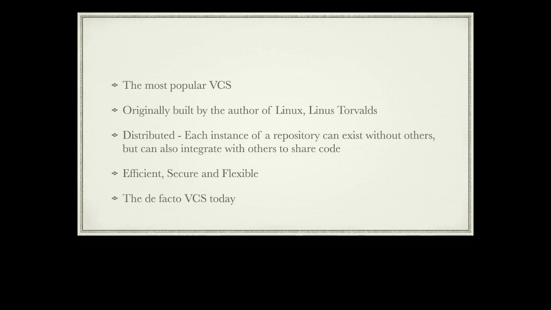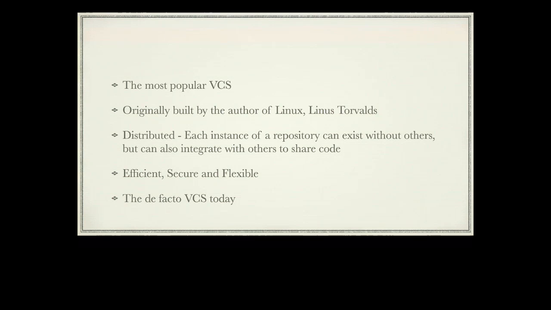Git is a distributed version control system. What this means is that every instance of a repository can exist without the others, but it can also integrate with the others to share code. That's basically what it means as a distributed version control system.